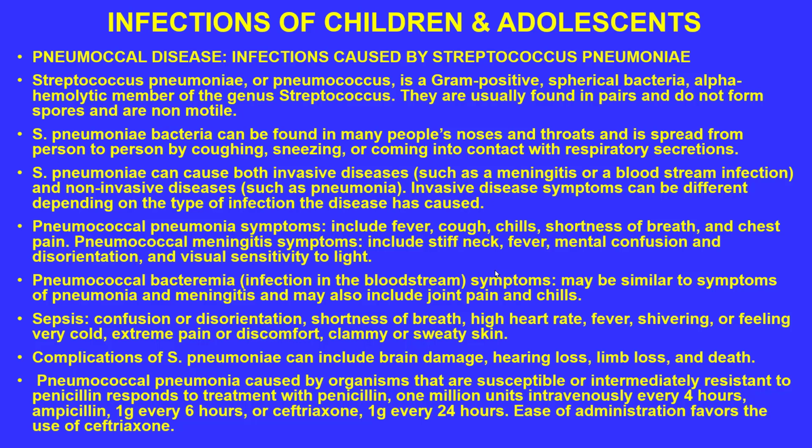Pneumococcal meningitis symptoms include stiff neck, fever, mental confusion and disorientation, and a visual sensitivity to light. Then we have pneumococcal bacteremia, an infection in the bloodstream. This may be similar to the symptoms of pneumonia and meningitis, and may also include joint pain and chills. Then we have sepsis.